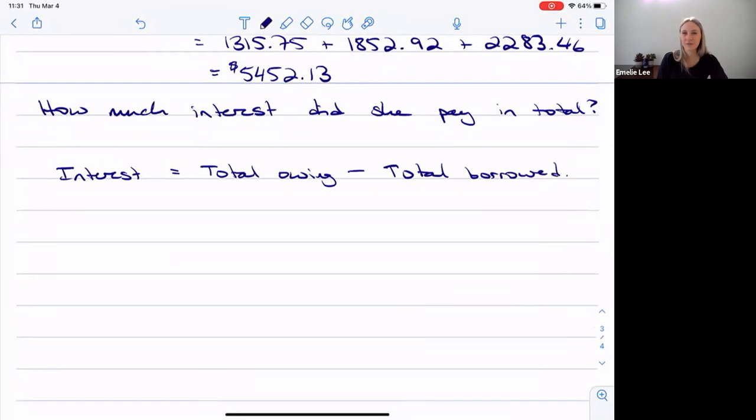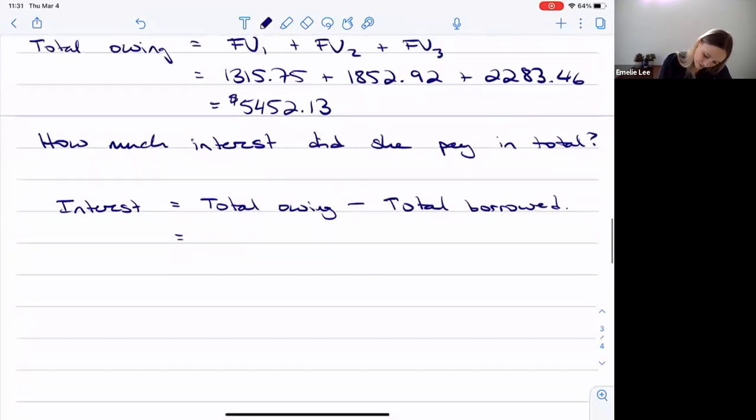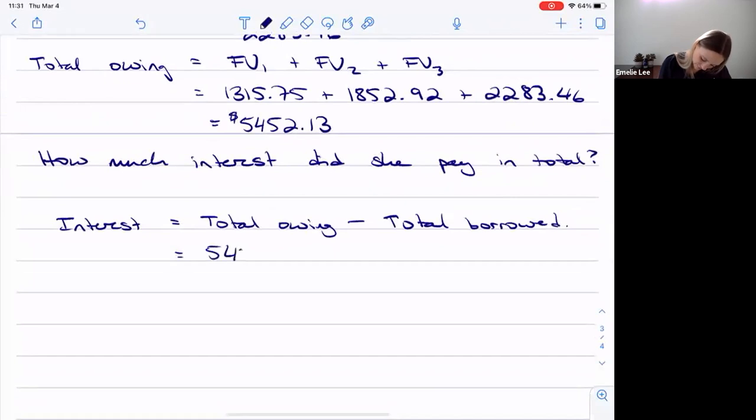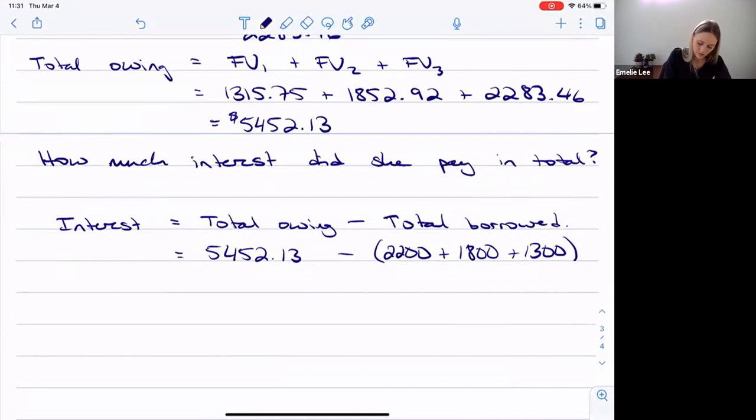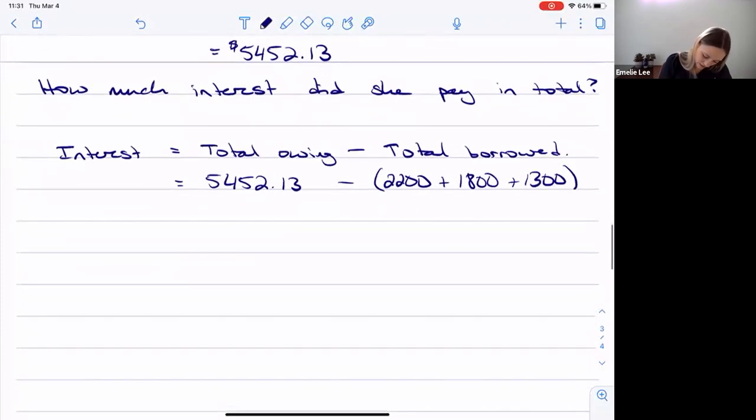The total borrowed is 2,200 plus 1,800 plus 1,300, which is 5,300.